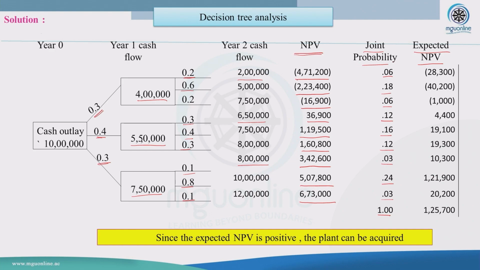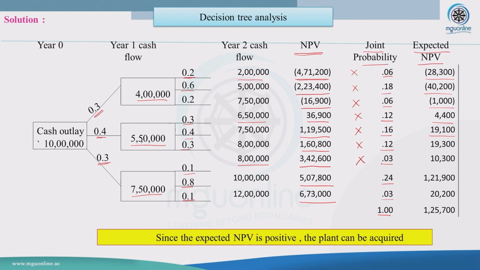So, 4,71,200 into 0.06, 28,300. 2,23,400 into 0.18, 40,200. 16,900 into 0.06, 1,000. 36,900 into 0.12, 4,400. 1,19,500 into 0.16, 19,100. 1,60,800 into 0.12, 19,300.